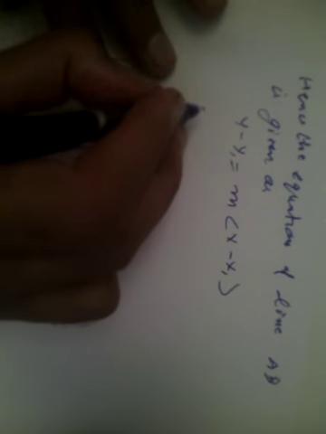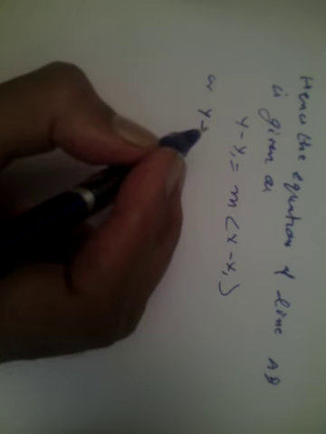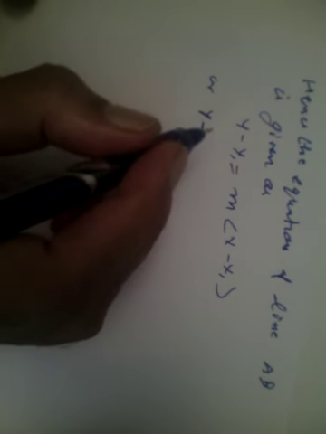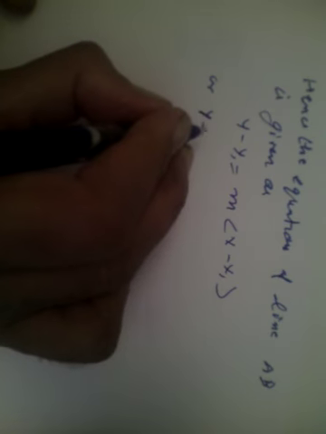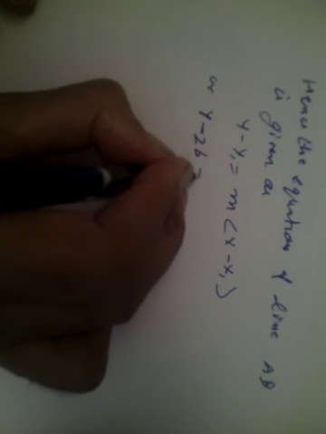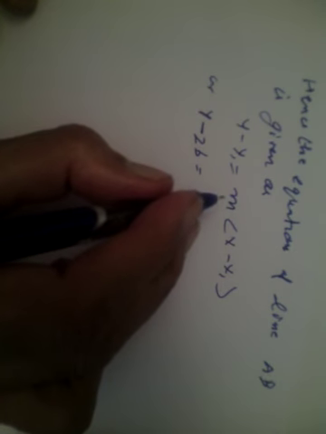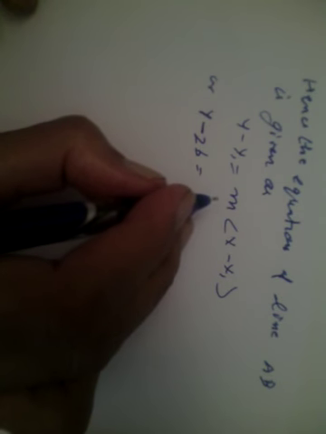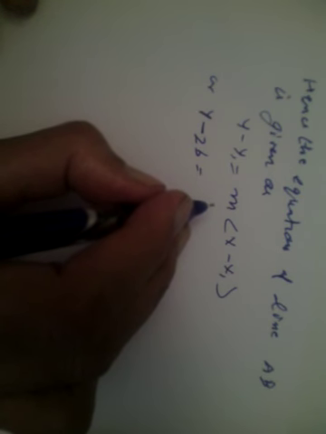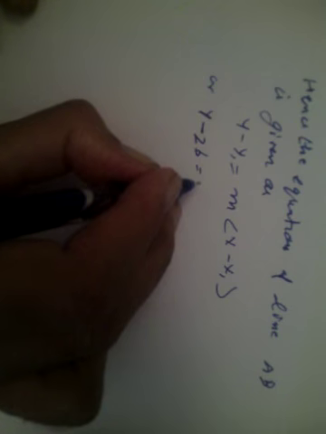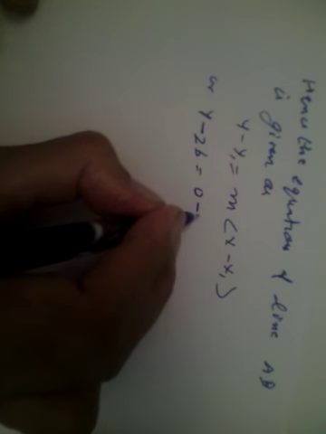Now put the values of x1, y1 and m. y1 is nothing but the coordinate of A, which is (0, 2b), so y1 is 2b, is equal to m, that is (y2 minus y1). y2 is the coordinate of B, that is (2a, 0), so y2 is 0, minus y1.